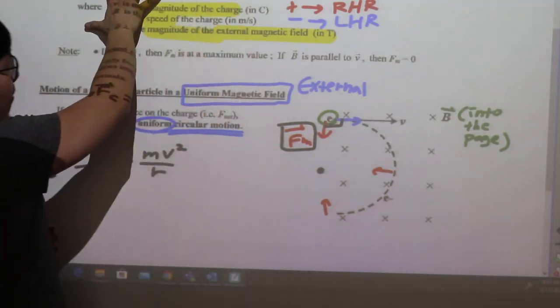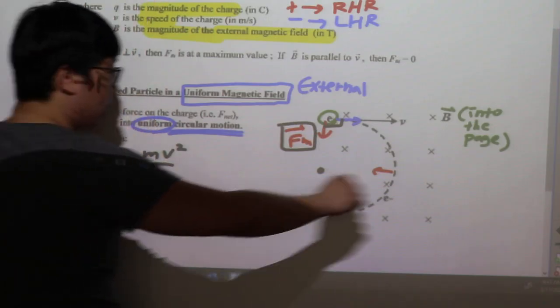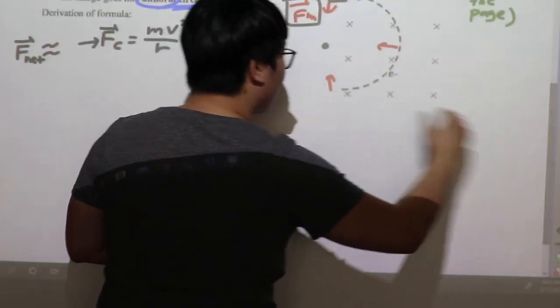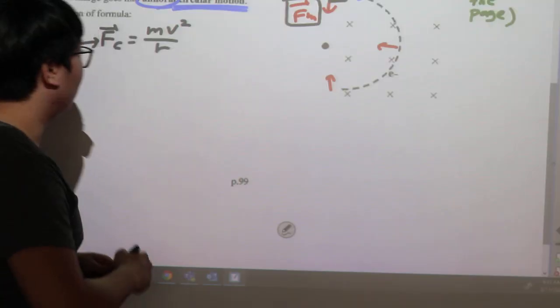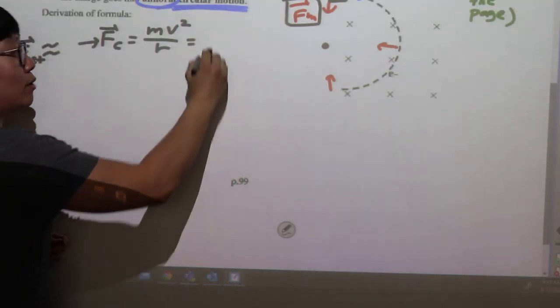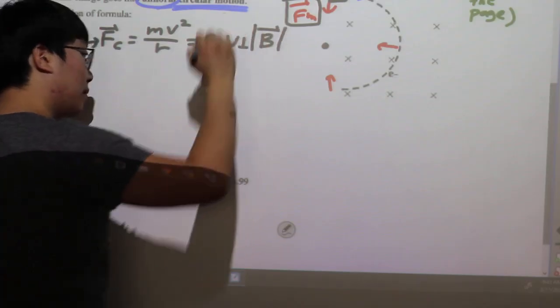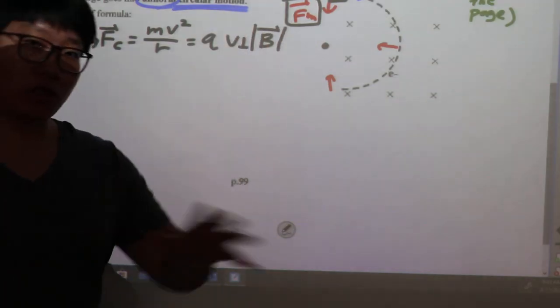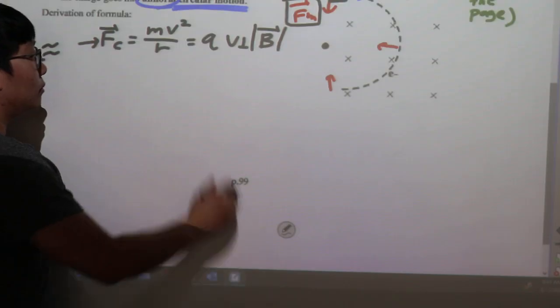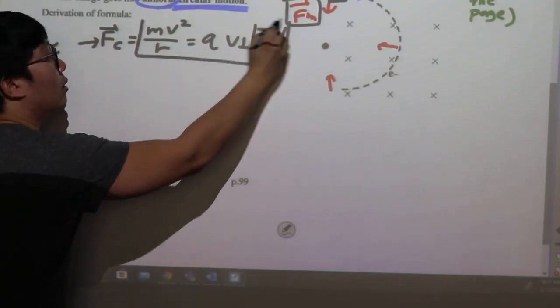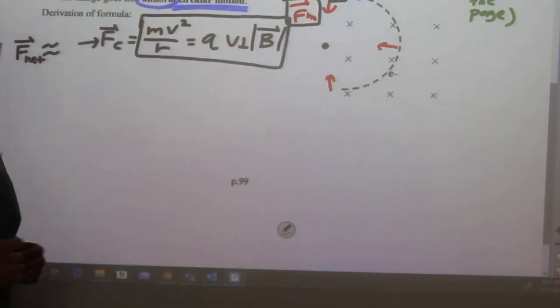So by combining this, how the net force, which is Fc, plays in is that it should be equal to Q times V times B, which is what you just saw up there. That's my derivation.